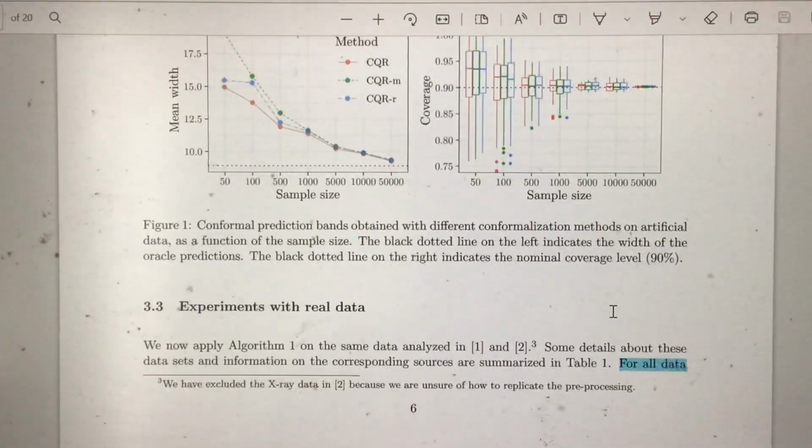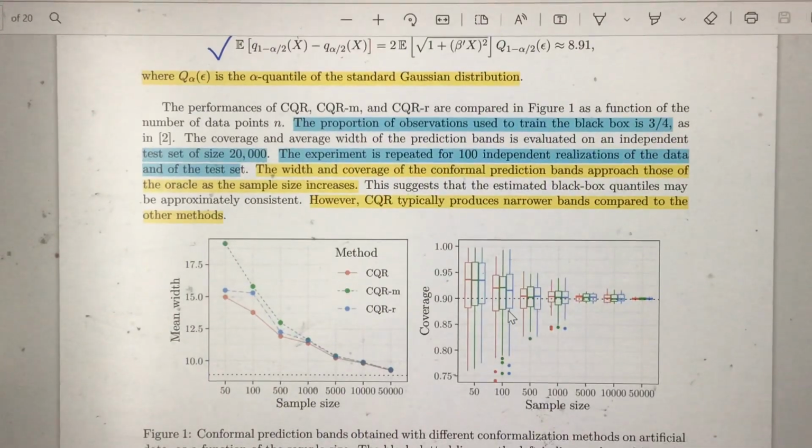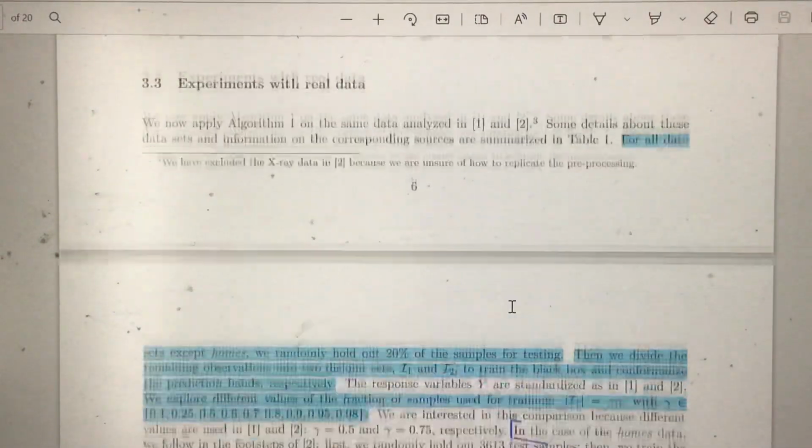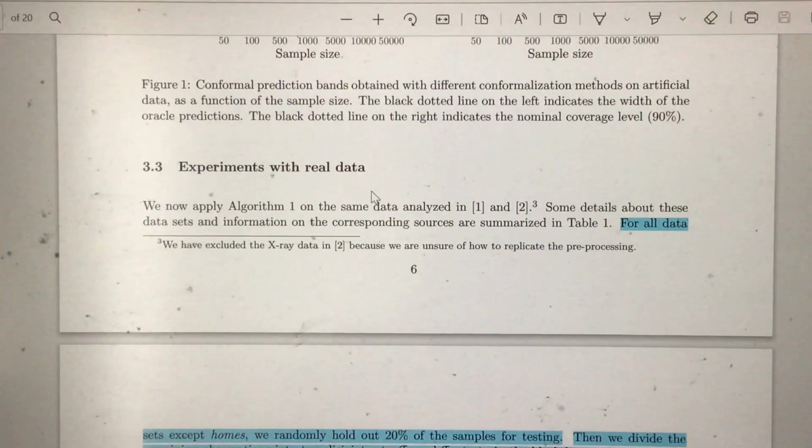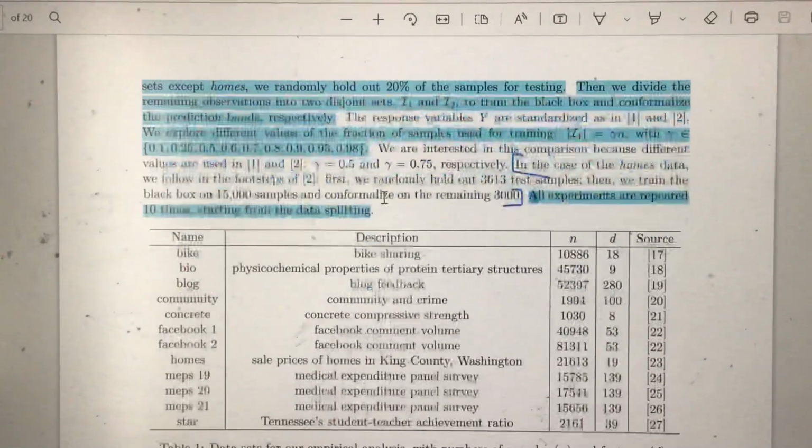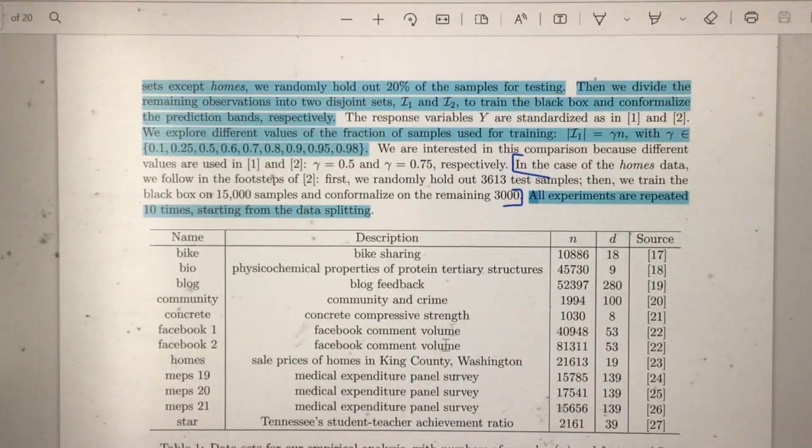Okay, so this is the simulation data, and the next one is the real data. They use real data sets here, with the number of samples and the dimension shown.